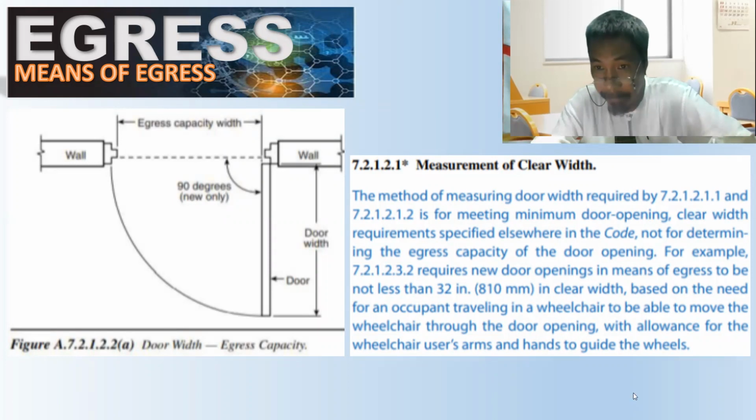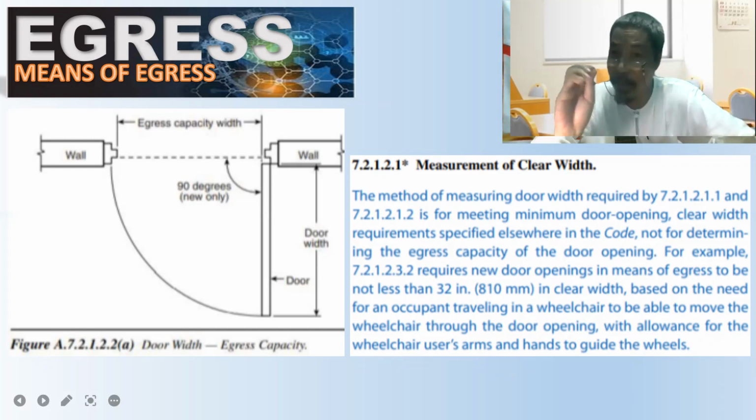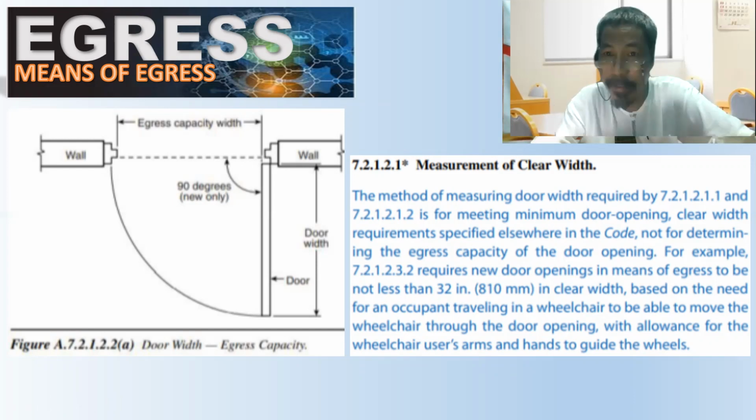Okay? Not for determining the egress capacity. Iba yung determination natin. Meron tayong design method para sa finding the egress capacity. Okay? Meron pang iba. So, ito yung width pa lang ng ano.